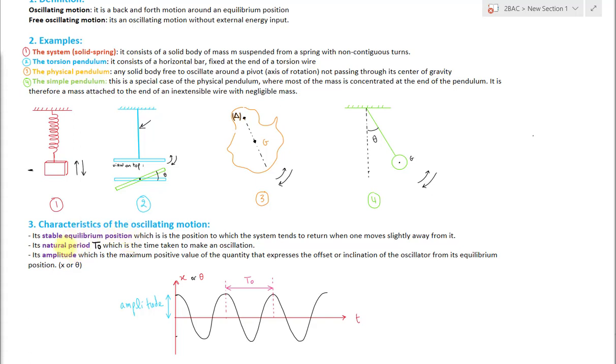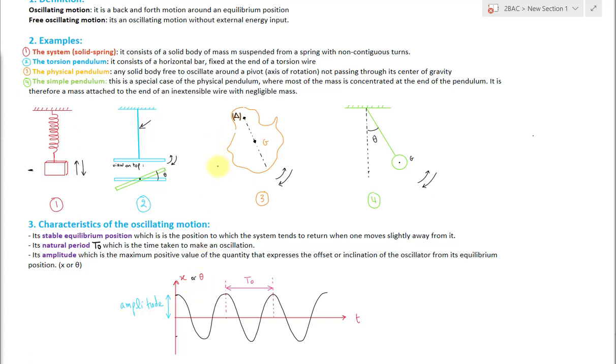It is characterized also by the natural period T0, which is the time taken to make one oscillation, and its amplitude, which is the maximum positive value of the quantity that expresses the offset x or the inclination theta from its equilibrium position.